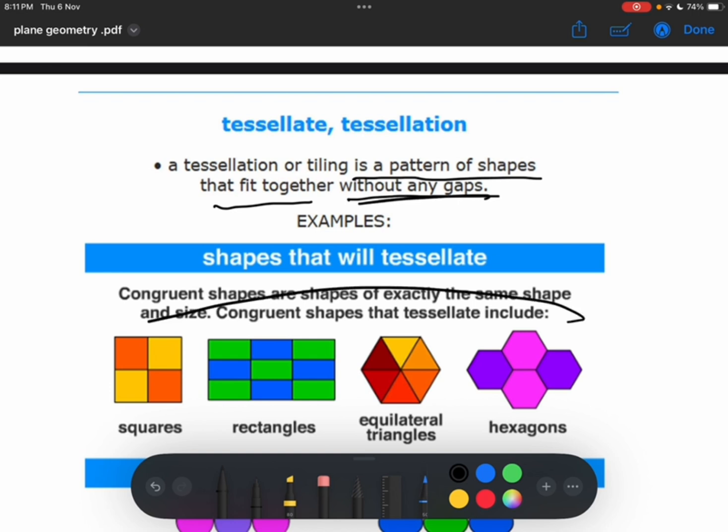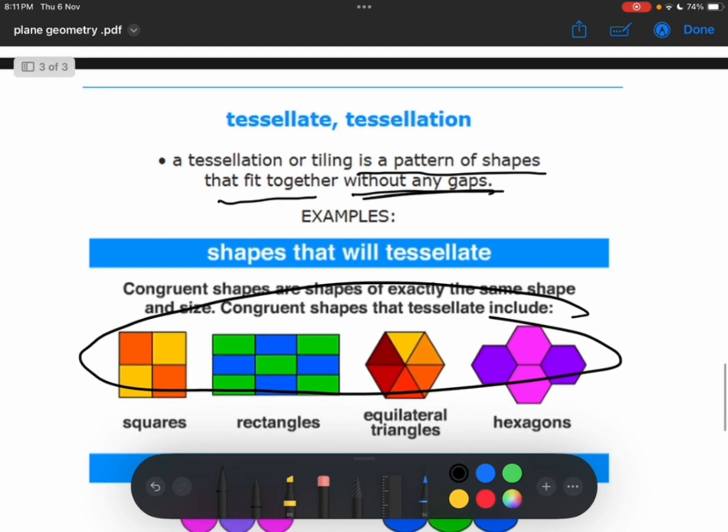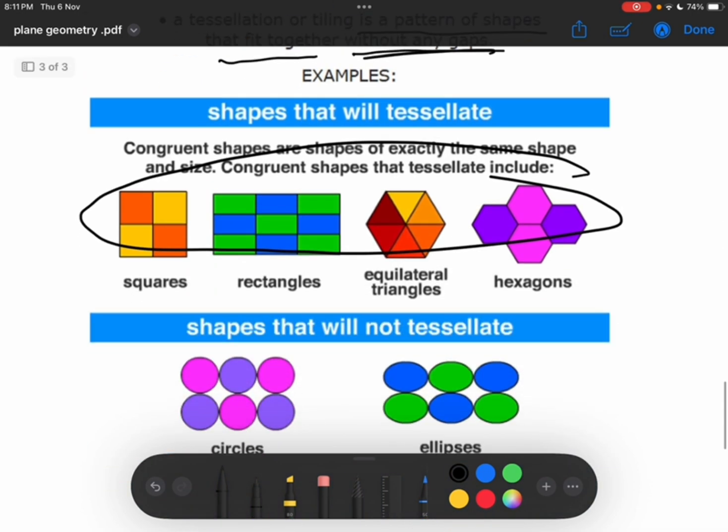You can see here these are some examples and they are fitted in each other without any gap or overlapping. So square is a tessellation shape because you can see here four squares are joined around this point and they are perfectly fitting in each other. Rectangles, you can see, equilateral triangles, they are making this pattern around this point. Hexagons. So these are some examples of tessellation.